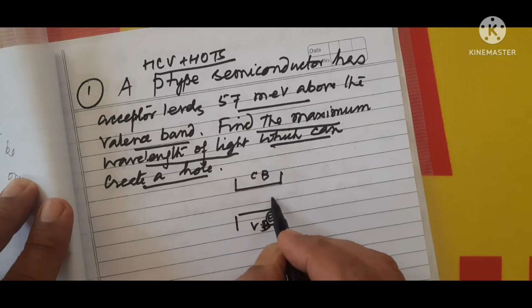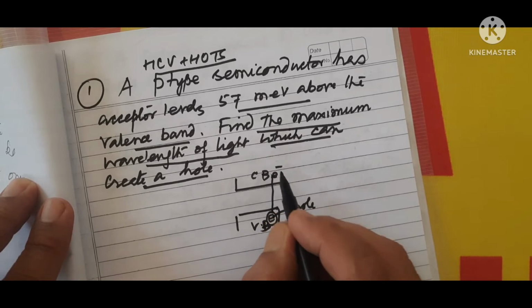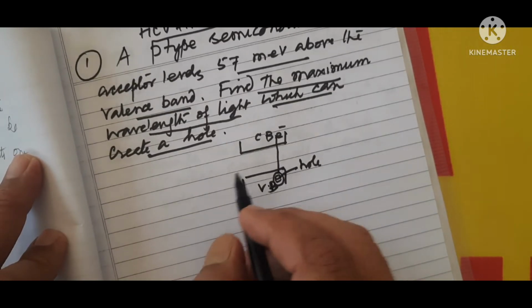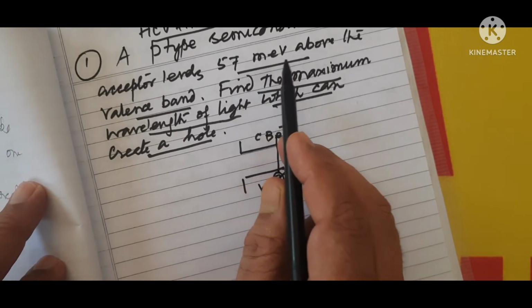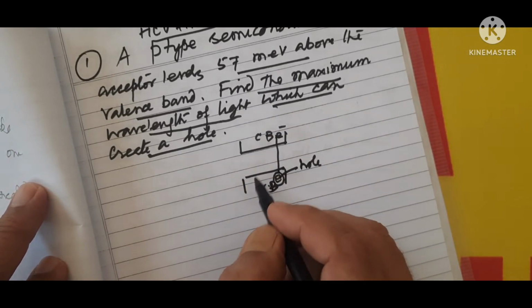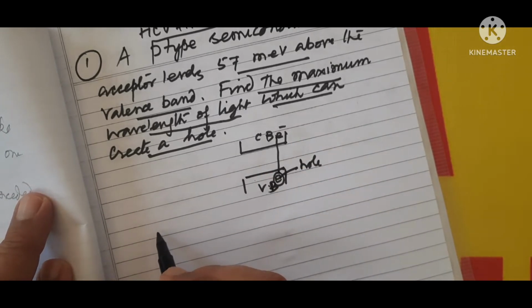And when the electron is excited, it jumps to the conduction band, and the deficiency of that electron will have the hole. So that much energy is required, 57 milli electron volt.